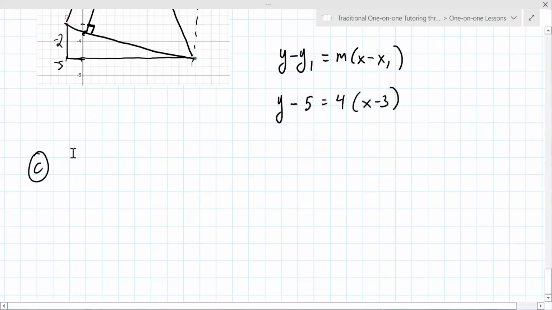That's for the x-intercept and y-intercept. I want you to do it. Let me know if you have questions.